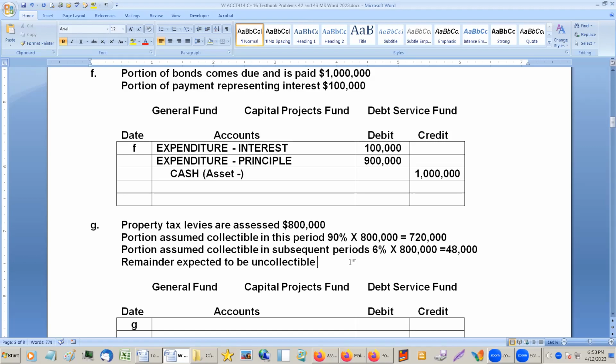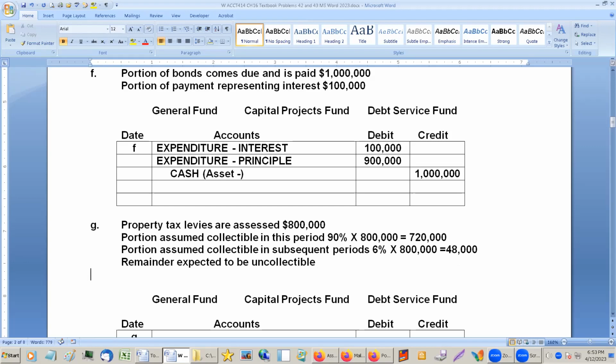And the remainder expected to be uncollectible. Well, that would just be 800 minus those two, right? So 800,000. Oops. 32,000. Thank you. So my 720 minus 48, that comes off 32. Yep, that is 32. Okay, so this would be 720.